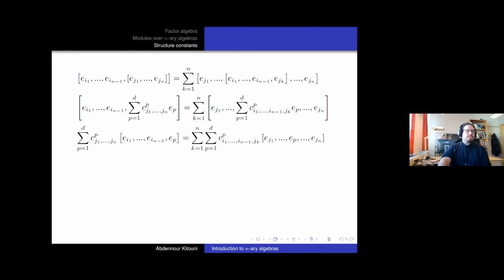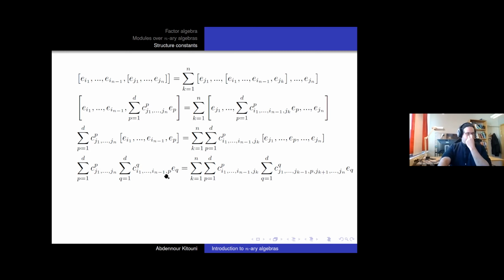Then using multilinearity, I end up with this formula. Again, replace this bracket of basis elements with a linear combination of this form.